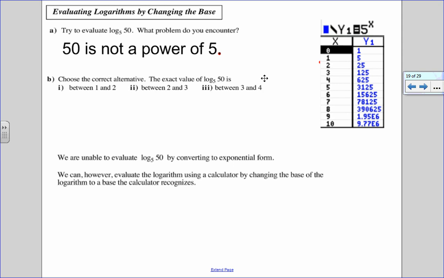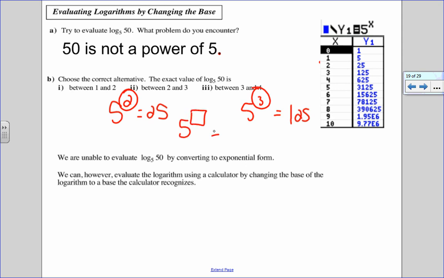I know that 5 squared is 25, and 5 cubed is 125. So log base 5 of 50 is going to be between 2 and 3, probably a lot closer to 2.